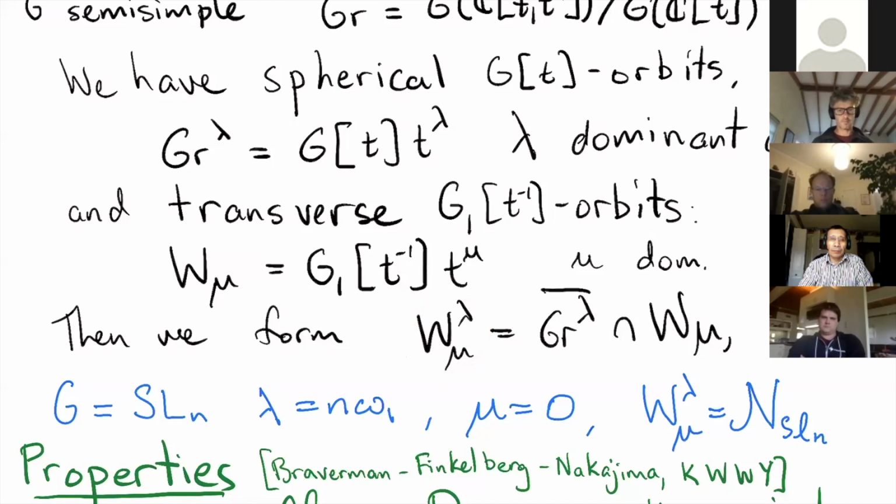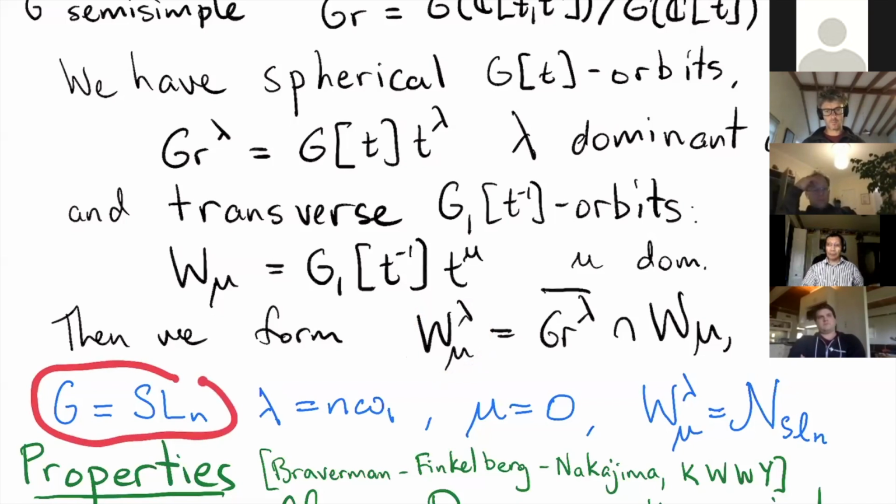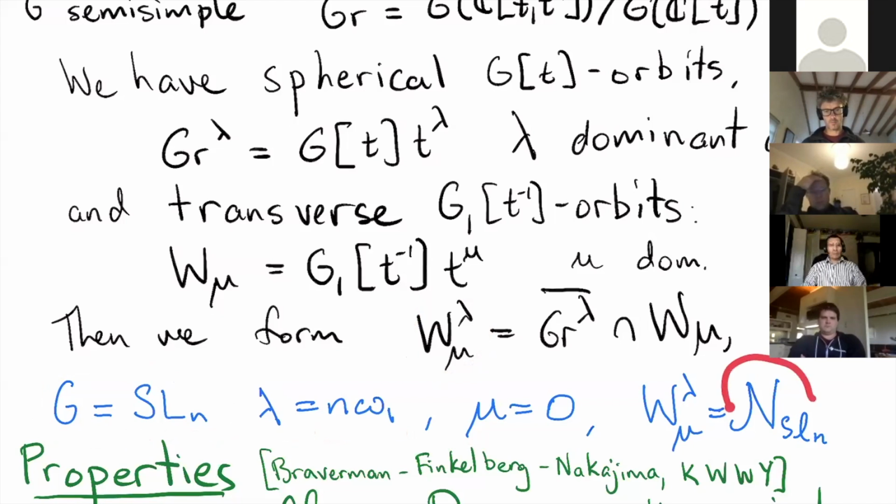Now, just as a quick example of one of these, we take G to be SL_N, and I'll pick lambda to be N times the first fundamental co-weight. So two N's, no coincidence, no accident. And I take mu as 0. For this special case, I get the nilpotent cone of SL_N.